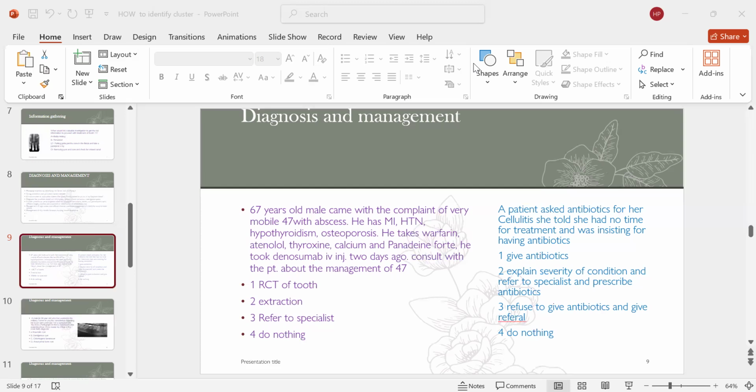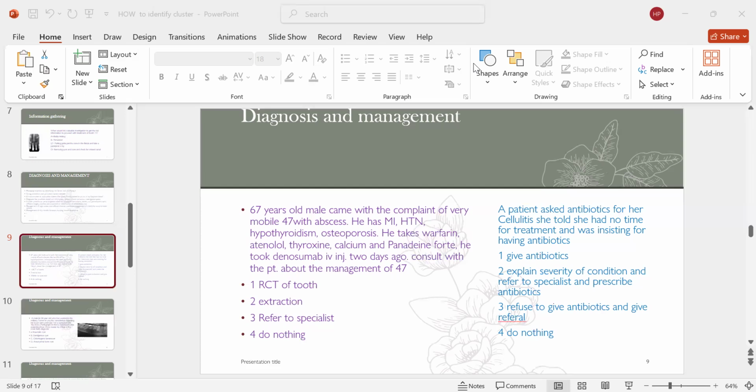What is option 2 saying? Explain the severity of the condition, refer to the specialist and prescribe the antibiotics. Which is the more complete answer between 1 and 2? 2 is the more complete answer, right? Refuse to give antibiotics? No, you need to give. There is cellulitis, an active infection. What does the TG say?